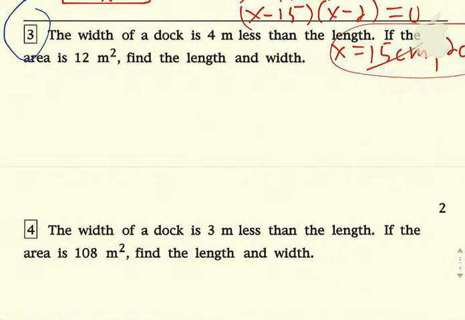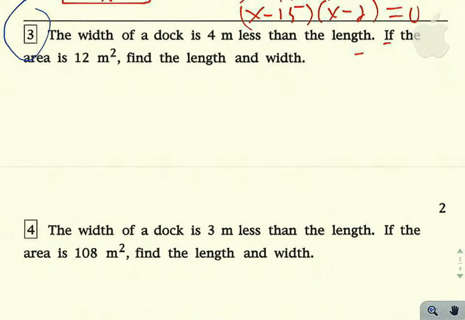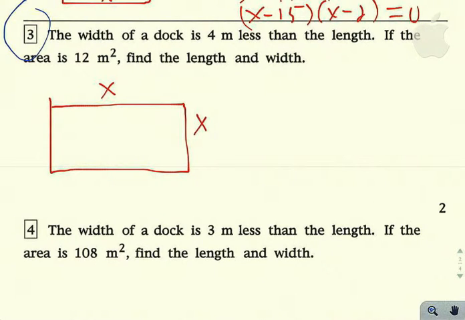Number 3. Number 3, it says the width of a dock is 4 meters less than the length. And it says the area is 12 meters squared.